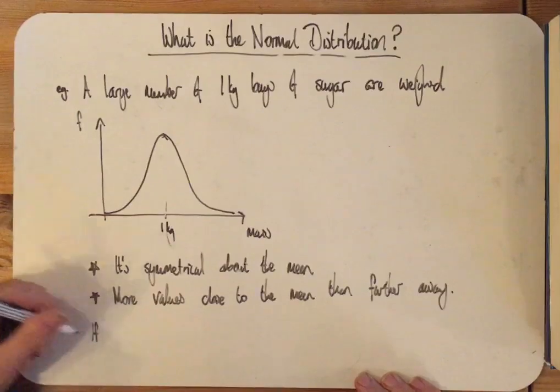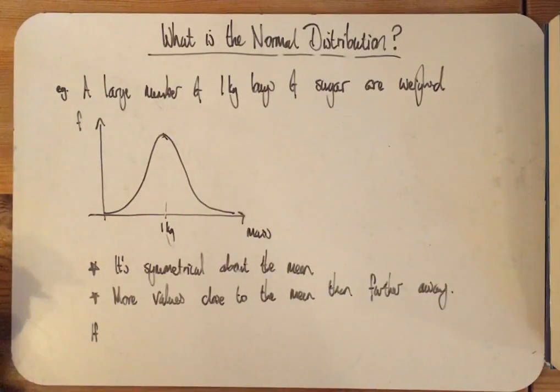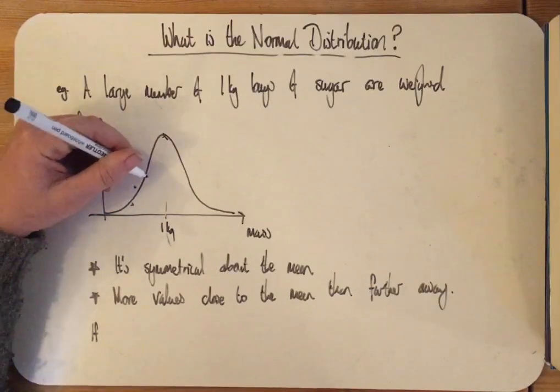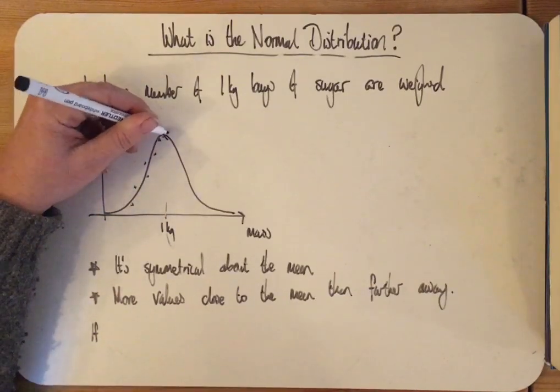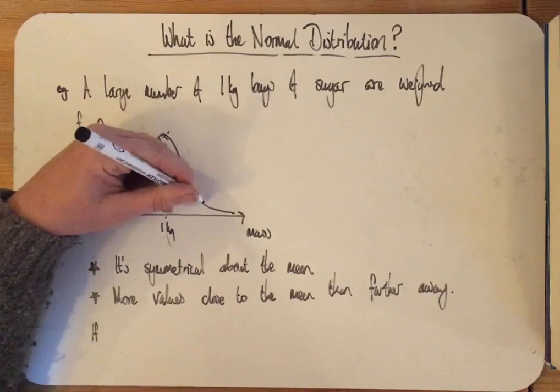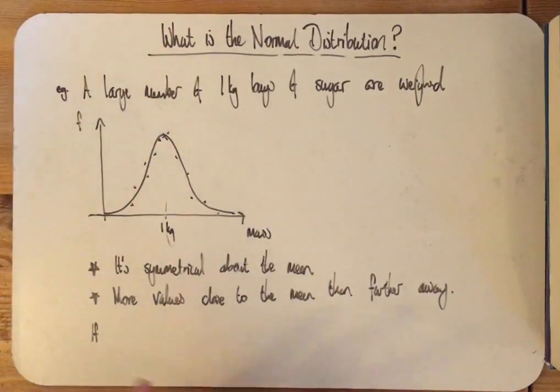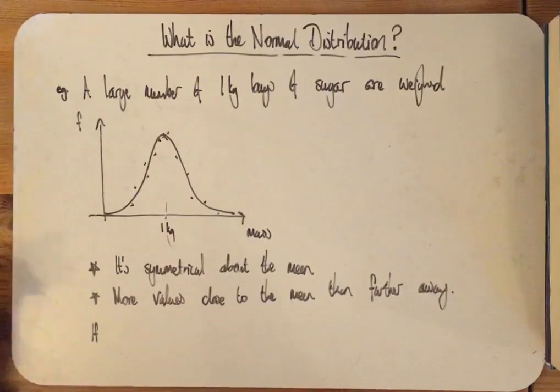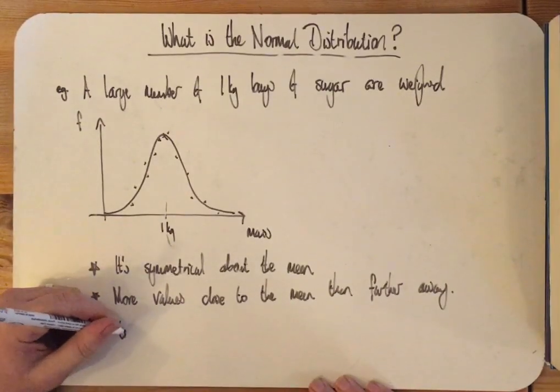So it may not be that it fits perfectly, so that may be your perfect normal distribution, but when you looked at all your bags of sugar, it may have been doing something like that. So you're not expecting a perfect fit, but if these two things are true, then data can be modelled with a normal distribution.